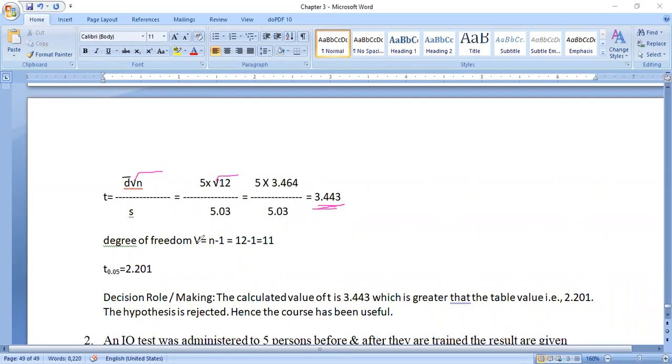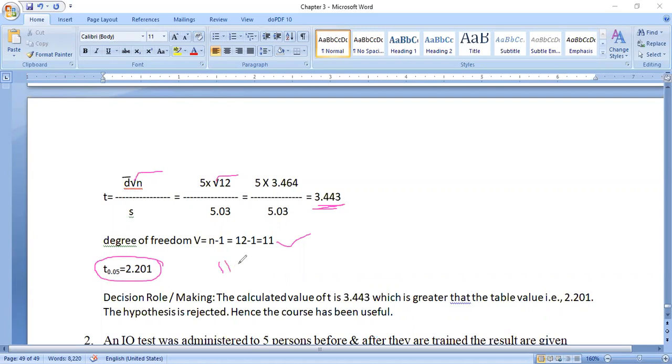Then degrees of freedom, V is equal to n minus 1. 12 minus 1 is equal to 11. Okay. So this value we got from the T test table, that is 2.201 at 11.